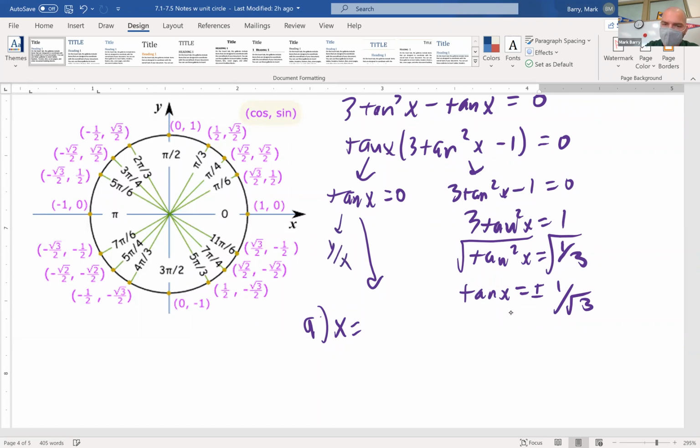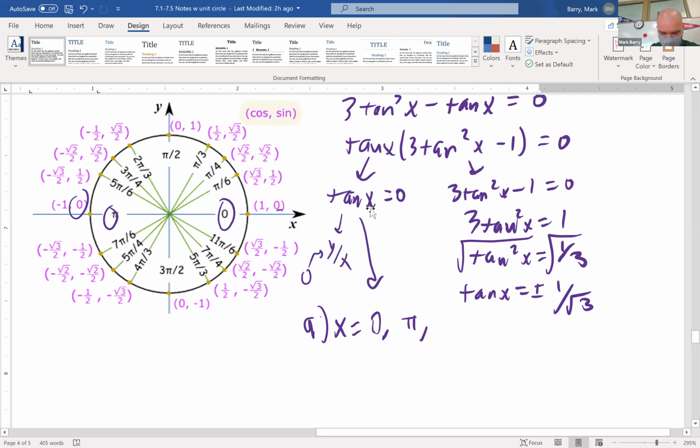So I would want that 0 in the numerator. So I would want the 0 to be y. So I would say that that is there at 0. We have the 0 in the y position. And also at pi, we have a 0 in the y position.